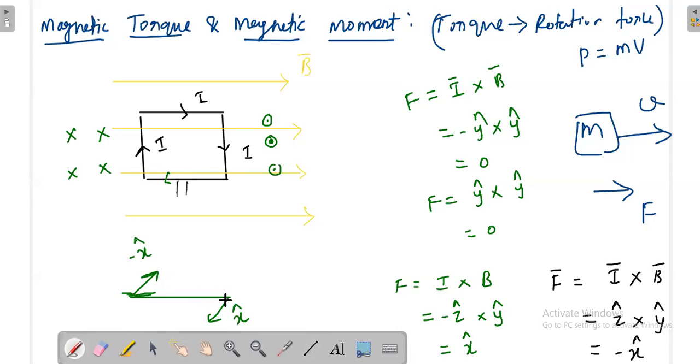Whenever forces act in opposite directions at the ends of an object, it will definitely create rotation. That particular force is called the rotational force, and we call the rotational force a torque.